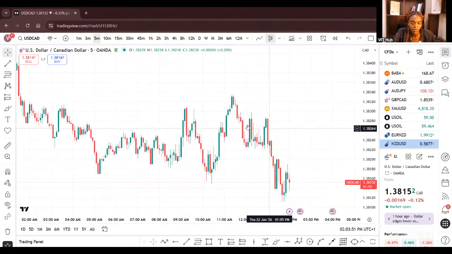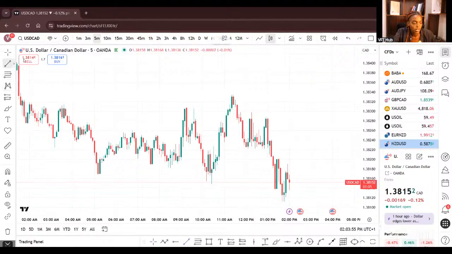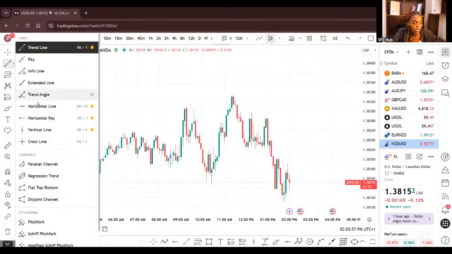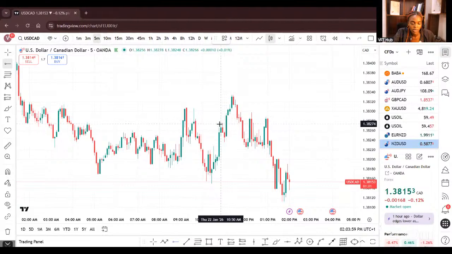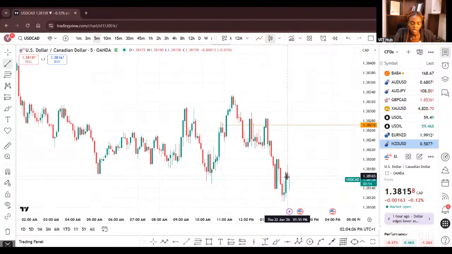Coming down to the 5 minutes time frame, this is what I was looking at earlier today for price to trade into this level, 1.38272. And yes, I'm still looking at this level for price to trade into. And then I want to sell.